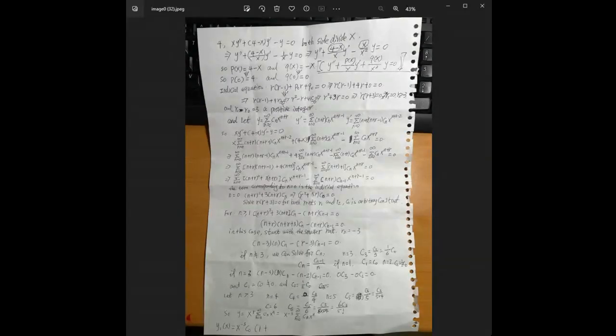First of all, I divide both sides by x. This makes the equation become y double prime plus capital P y prime plus capital Q y equals 0, in the standard form. So we can find the small p of x equals (4 minus x) over x, and q of x is negative 1 over x.